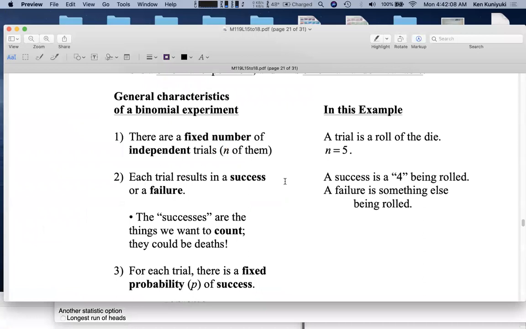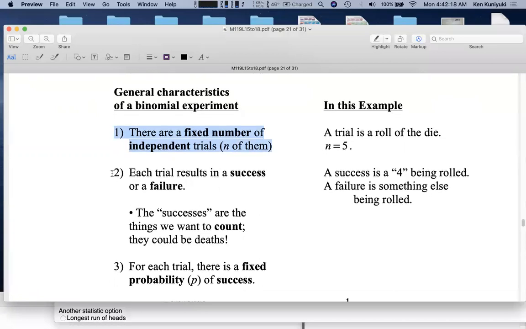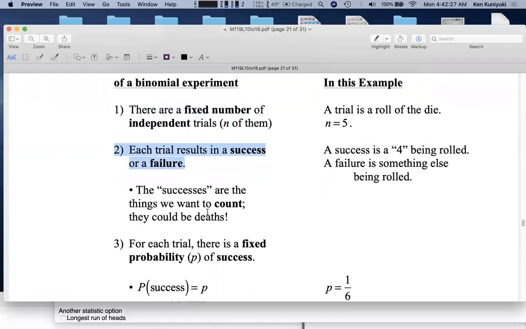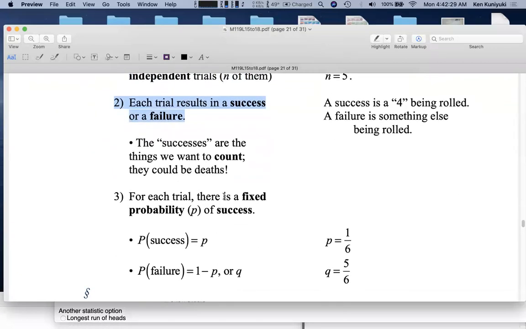Okay, so why do we have a binomial experiment in the coin situation? Because again, we have a fixed number of independent trials, n equals 100. Each trial results in a success or a failure. A success means a head, a failure means a tail. And for each trial, there is a fixed probability of success. For a fair coin, p equals 1/2, and that does not change. The coin is not made of bread.